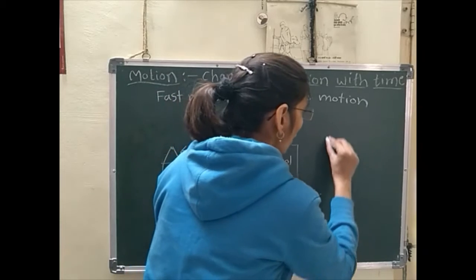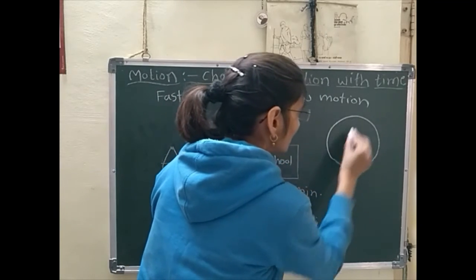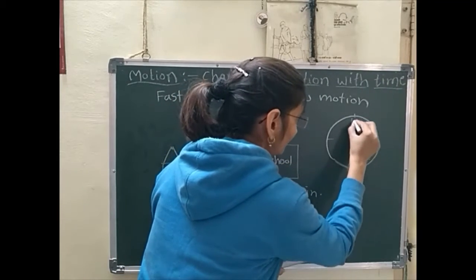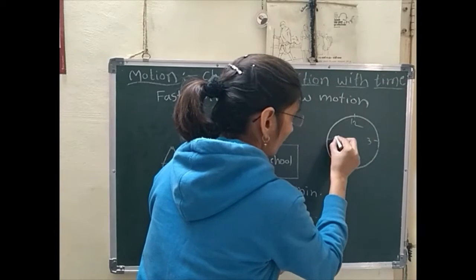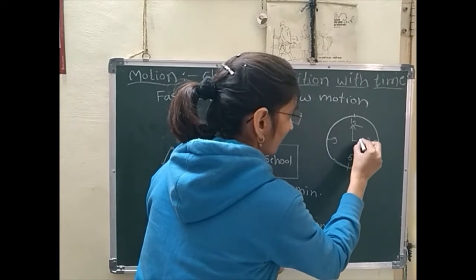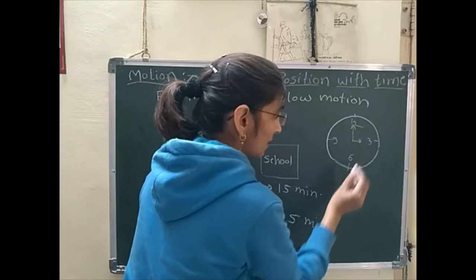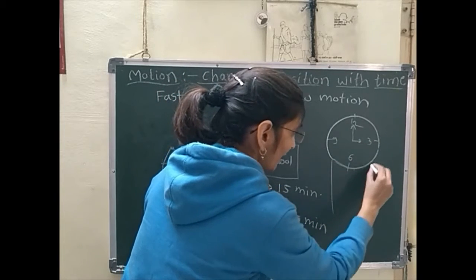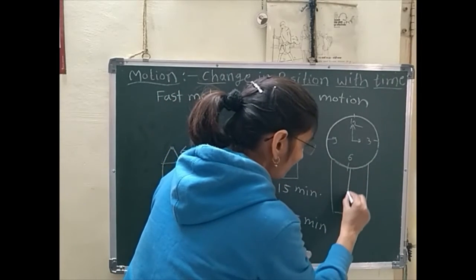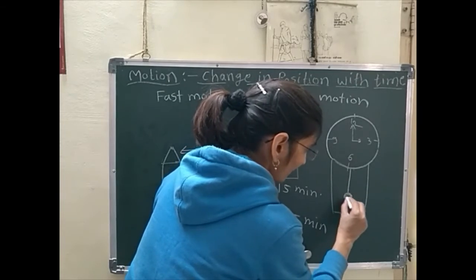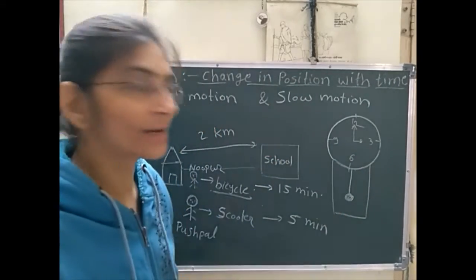Suppose this is a clock in our ancient age. This is the minute hand and this is the hour hand, and one pendulum is present at the bottom.